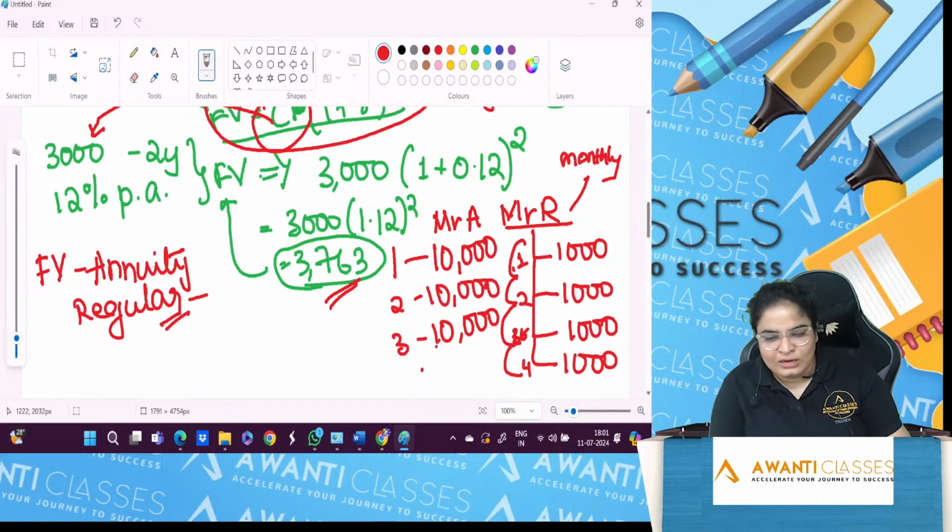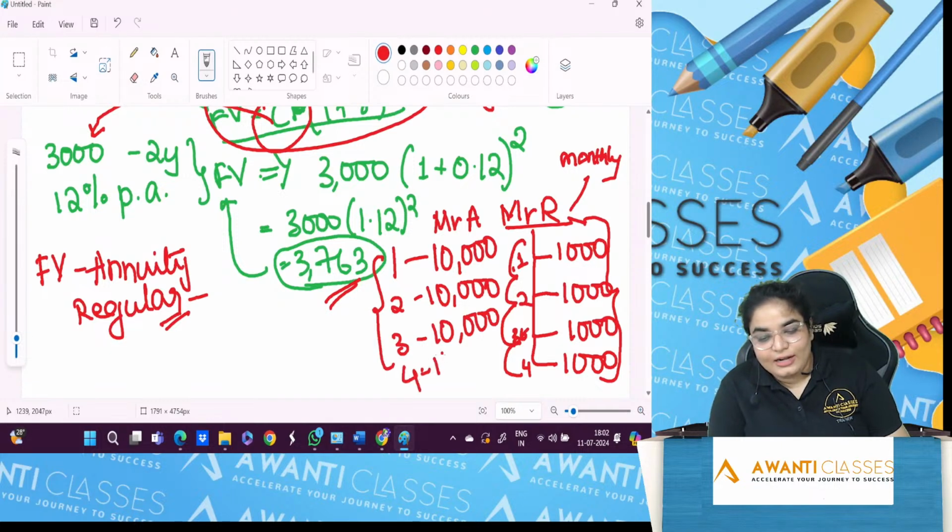Okay. Now, what is future value? Now, Mr. R has thought for 4 months, I will save 1,000 each. Okay. Mr. A has thought for 4 years, let me save 10,000 per annum. Okay. They have thought this. Now, when this has happened, the bank has said that for monthly payments it gives 5% interest, and for annual payments it gives 10% interest.